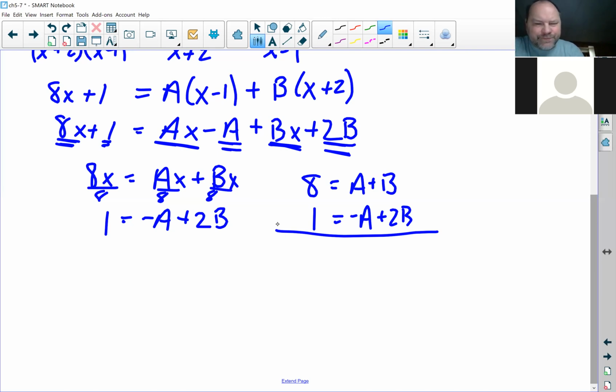In this case, I think it's pretty easy to just add the two equations together. Then we get a plus negative a, that's 0. b plus 2b is 3b. Divide by 3, and I get b equals 3.